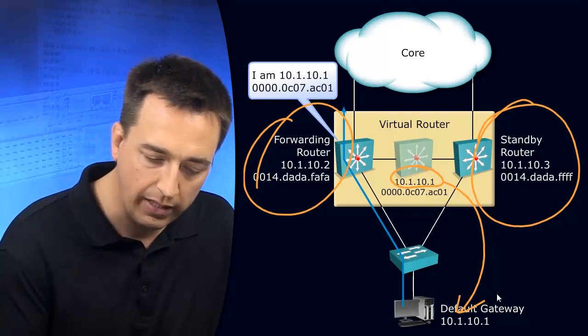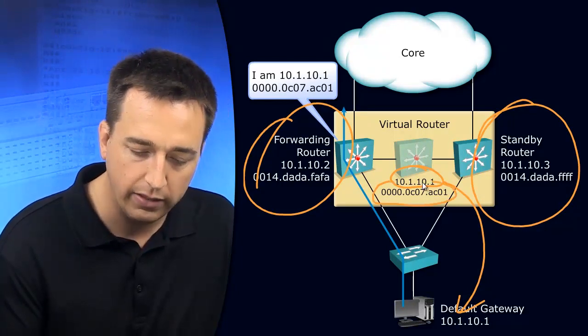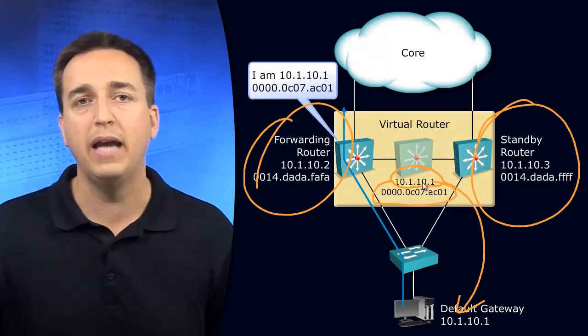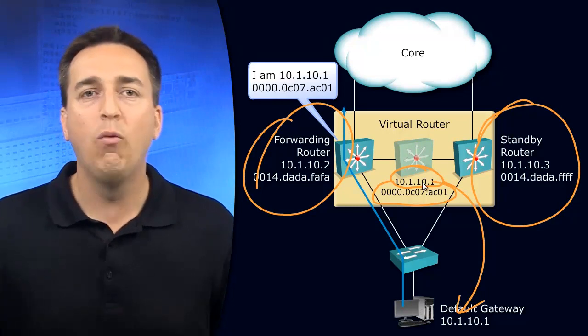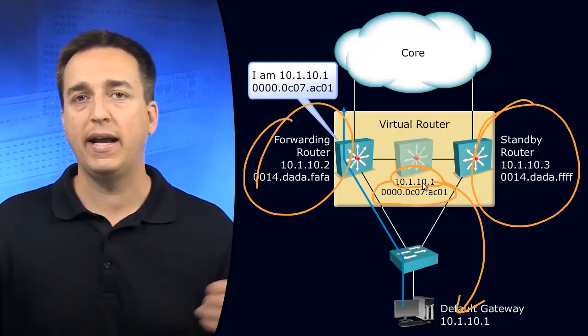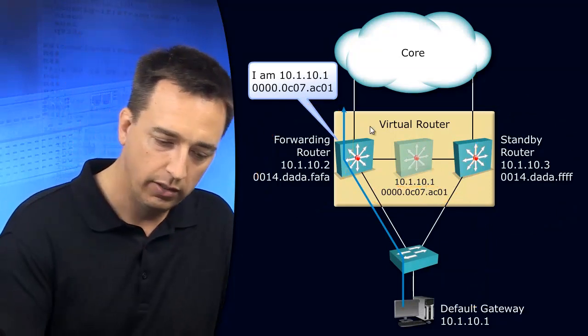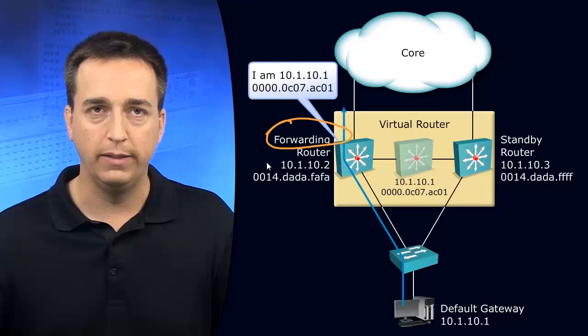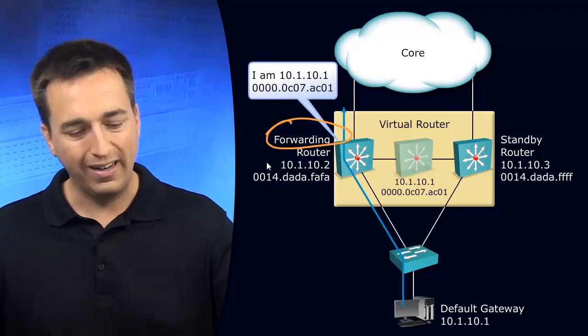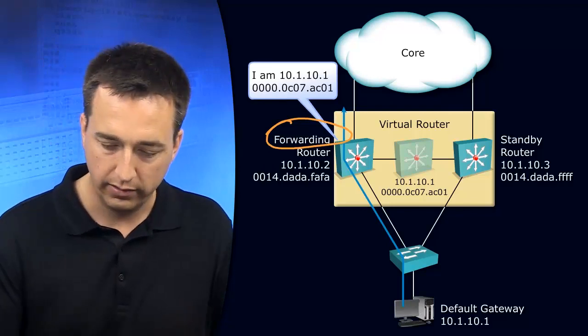Automatically, a MAC address is going to be created to go along with that IP address. When the client says, hey, what's the MAC address of 10.1.10.1? That MAC address can be given out. Who gives it out? It's the current forwarding router that's responsible for it.